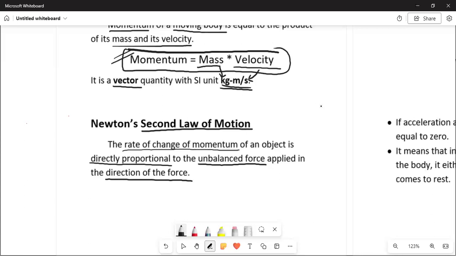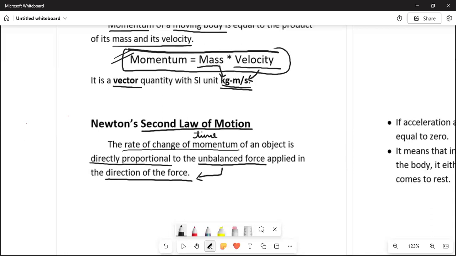Means if we increase the force, there will be an increase in the rate of change of momentum, and this rate of change of momentum is taken with respect to time. The direction of the force will be the direction of the change of momentum. We saw that momentum is a vector quantity, so it will have a magnitude as well as a direction.